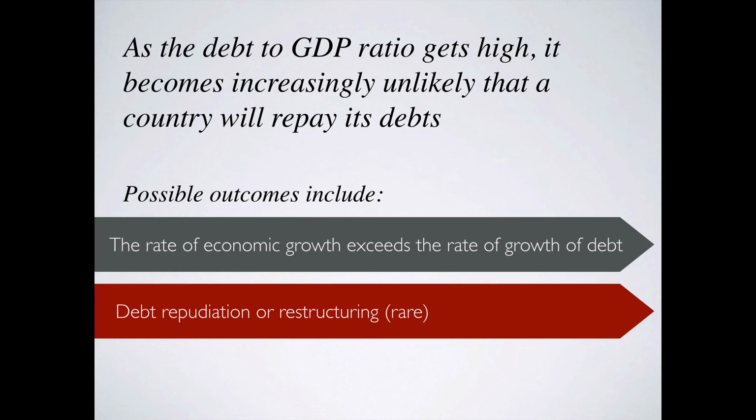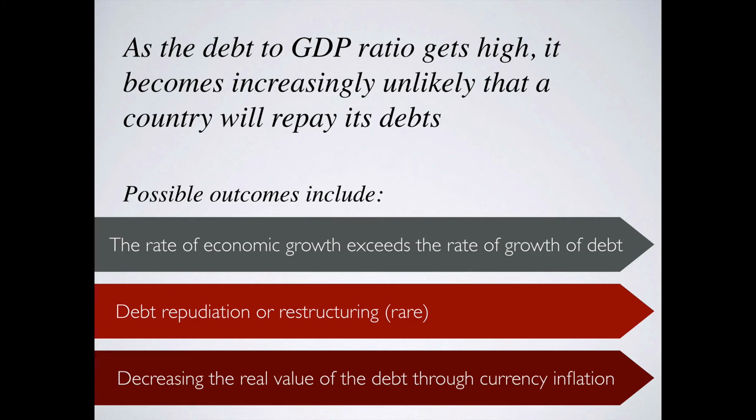You could also have a third option. I think this is probably the most likely, right? This is decreasing the real value of the debt by simply inflating the currency. You pay back the bondholders, but you pay them back with depreciated, lower-value money because you've created a massive amount of money.